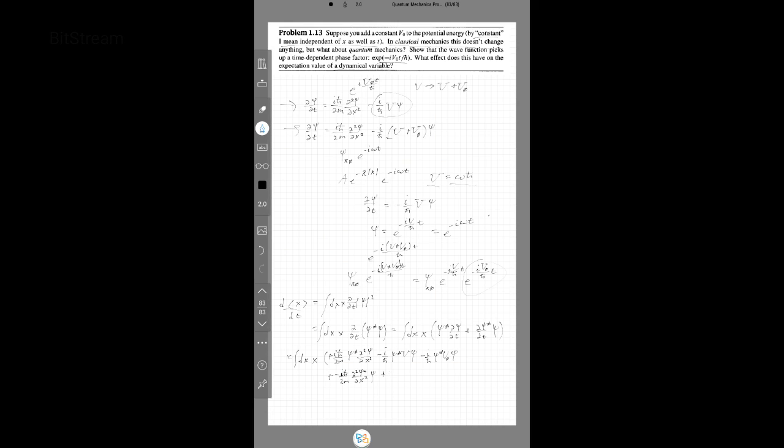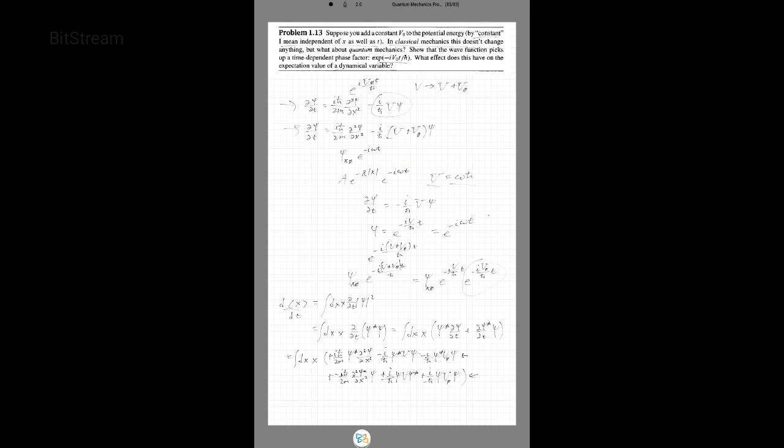And then this one ends up being a positive i h bar psi v psi complex conjugate plus i h bar psi v naught complex conjugate. So just like when we did this in the earlier section, these cancel, but since these are both real parts, just like the constant potential v, they also cancel as well.